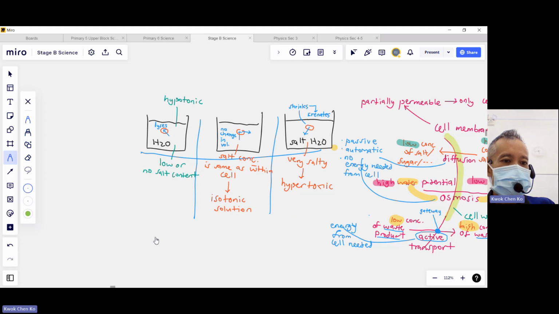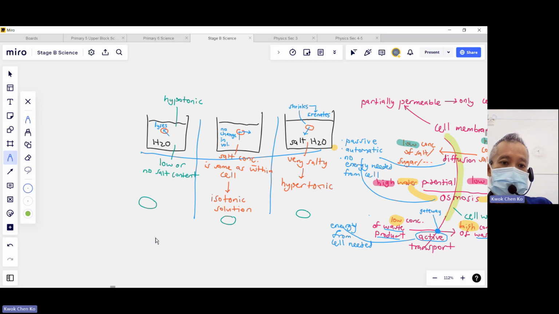Okay, plant cell. Same thing, I'm not going to draw everything. You put the plant cell inside the same solutions, hypotonic, isotonic, and hypertonic.